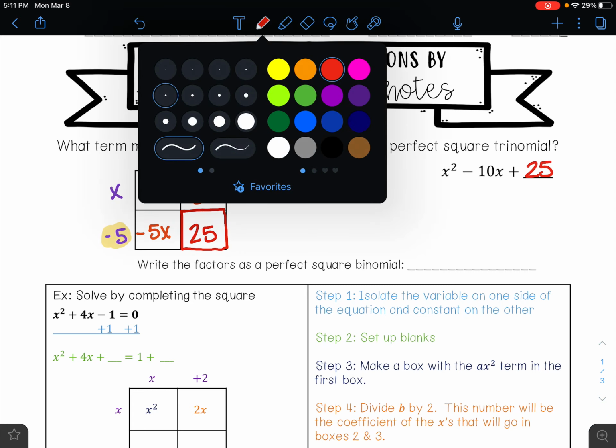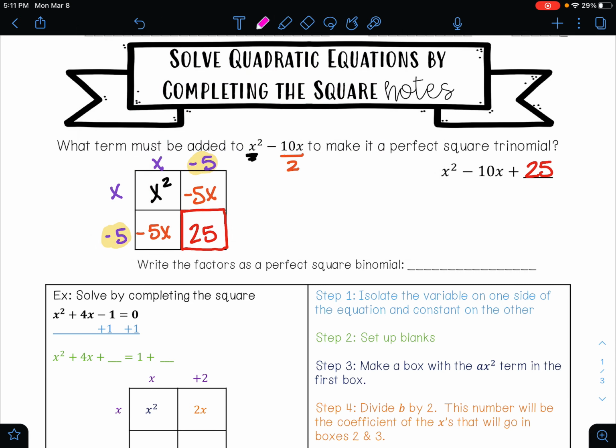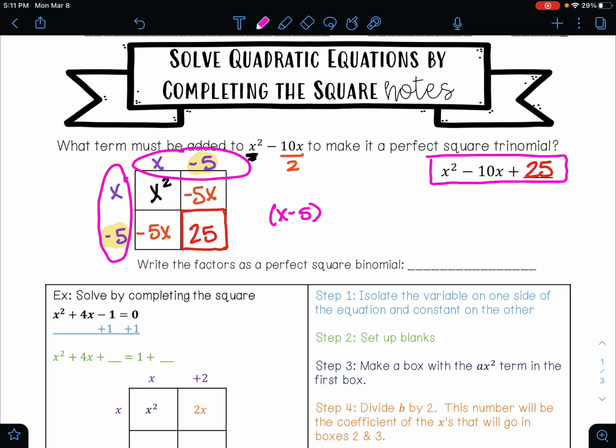What we just did is we factored x squared minus 10x plus 25. And when we factored it, we got x minus 5 times x minus 5. I can write x minus 5 times x minus 5 as a perfect square binomial by writing it as x minus 5 squared.